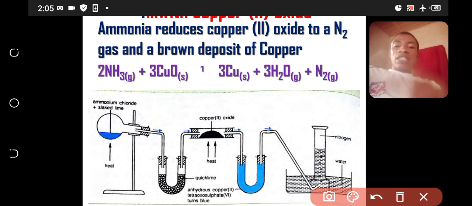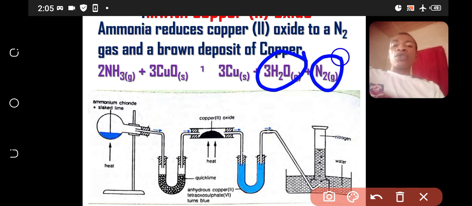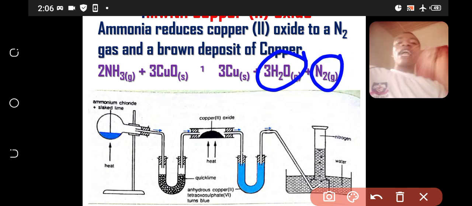So the gas will pass through white anhydrous copper sulfate to absorb the water, because don't forget that water vapor is produced alongside nitrogen. That white anhydrous copper(II) sulfate helps us to trap the water, so the compound will turn blue, because it is normally used to test for water.